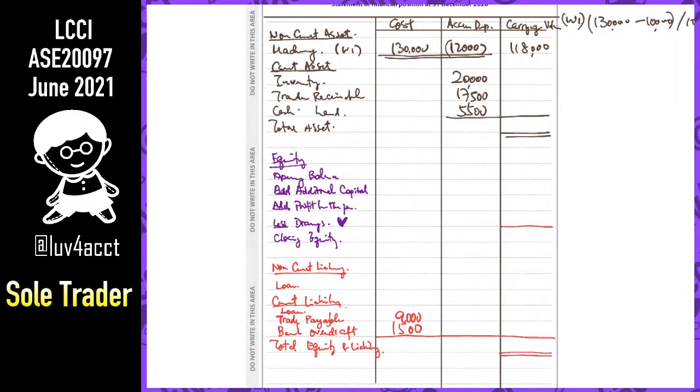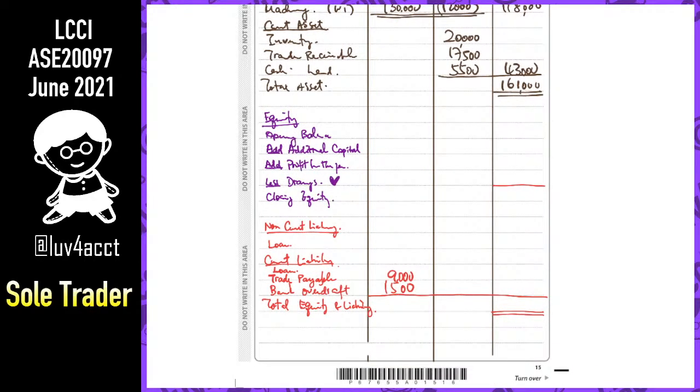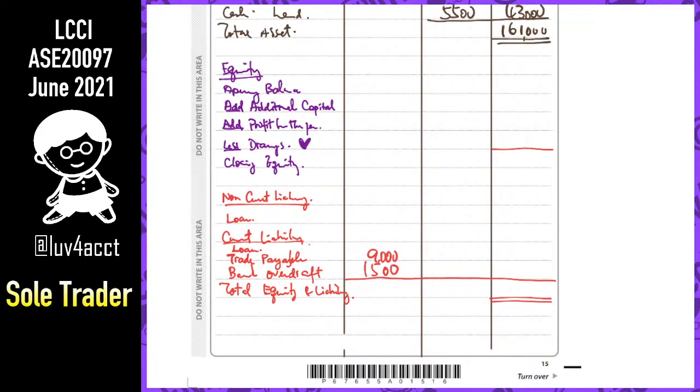So we finish asset. Let us calculate the total for the asset. 17,500 plus 5,500 plus 20,000 is 43,000. 43 plus 118, 161,000.